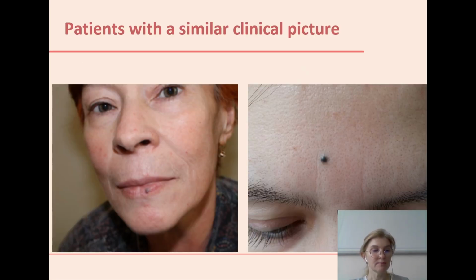This slide presents two elements that are clinically similar. Both patients complained of a dark colored element. Clinically, the formations are represented by a nodule of a dark color with clear boundaries and a flat surface.